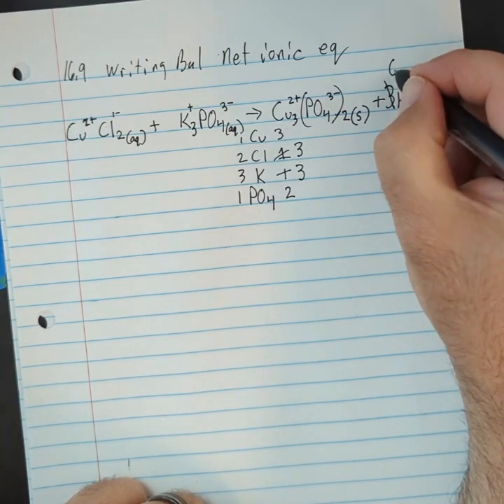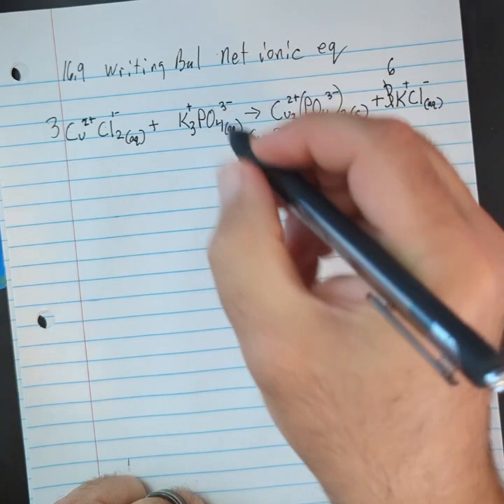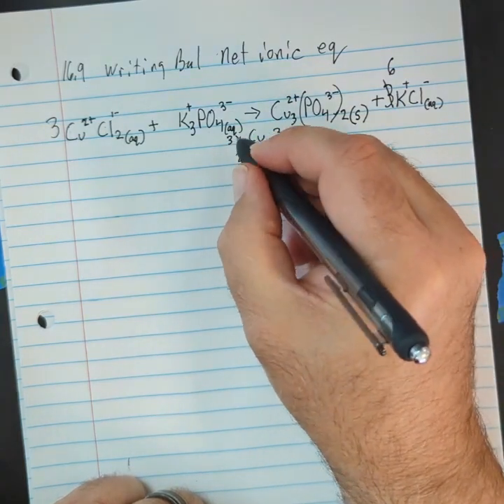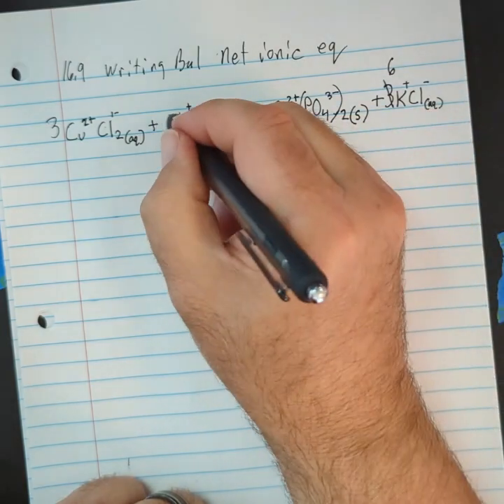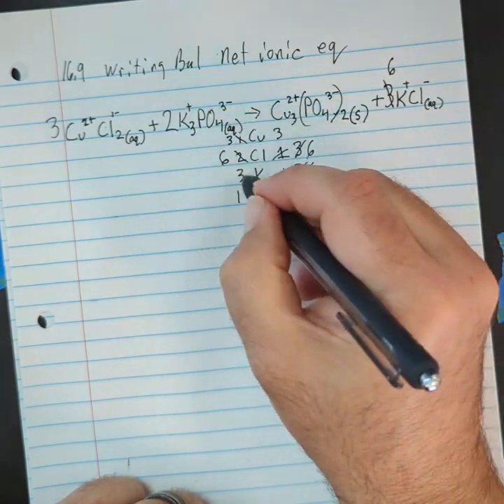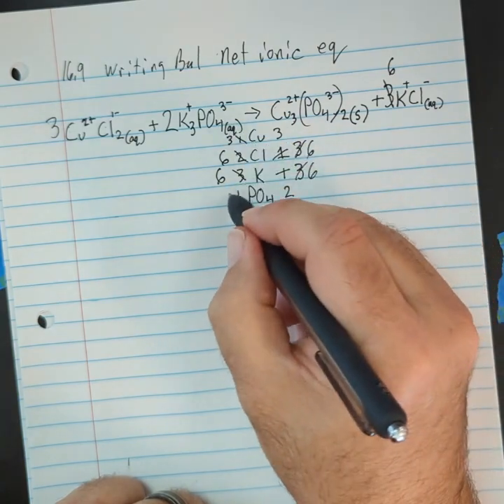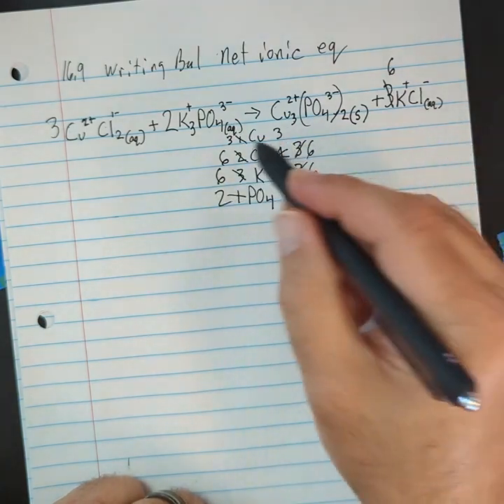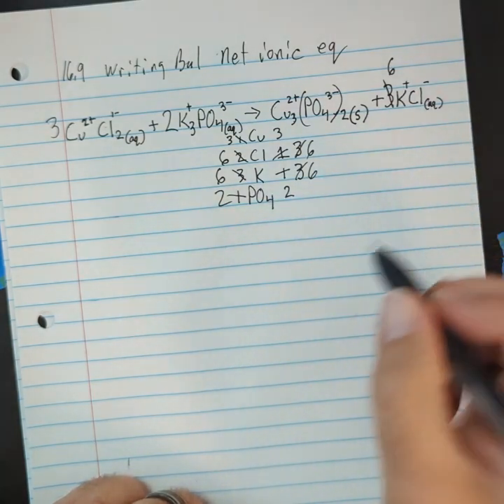So I'm going to change this to 6. I'm going to put a 3 here. That gives me 3 coppers, 6 chlorines, and if I put a 2 here, that gives me 6 potassiums and 2 phosphates. 3, 3, 6, 6, 6, 6, 2, 2. So that is balanced.